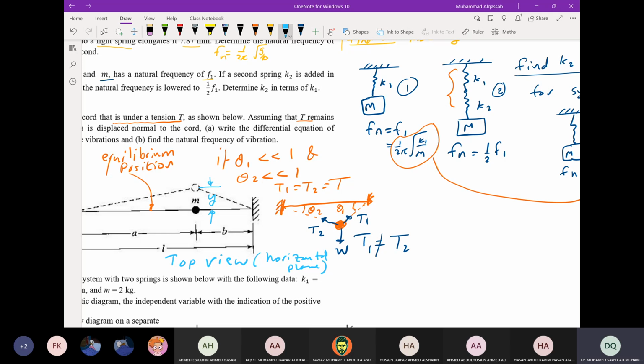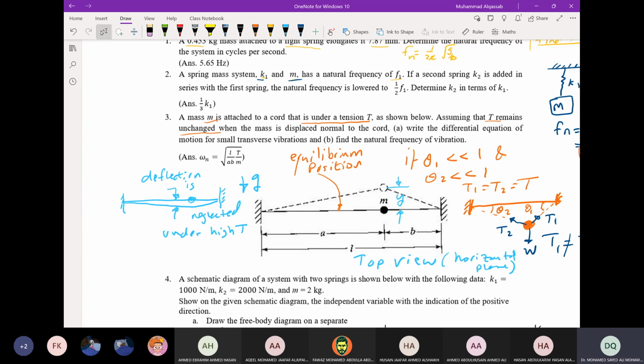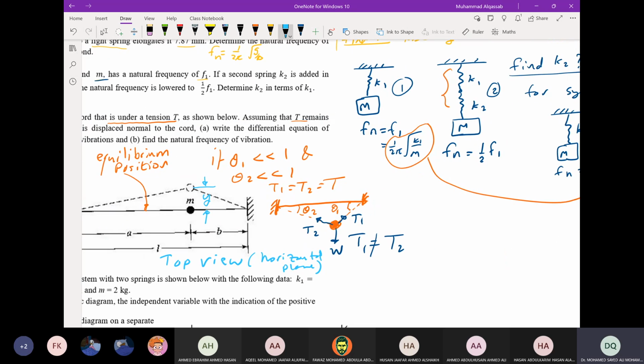Either you can assume that the deflection is very small under the very high tension T, or you can think of this as a horizontal plane, with the cord vibrating in the horizontal plane. Okay, and then you keep the tension the same. In general, T1 is not equal to T2, but in this case, we can assume that T1 equals T2, equals T.